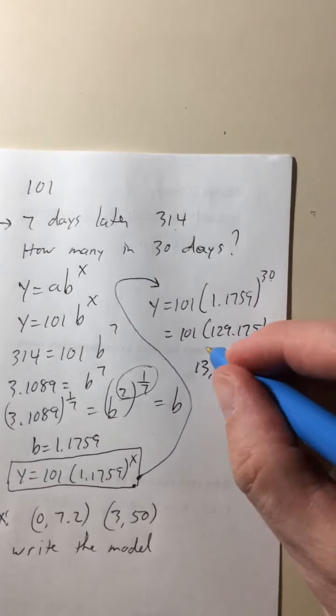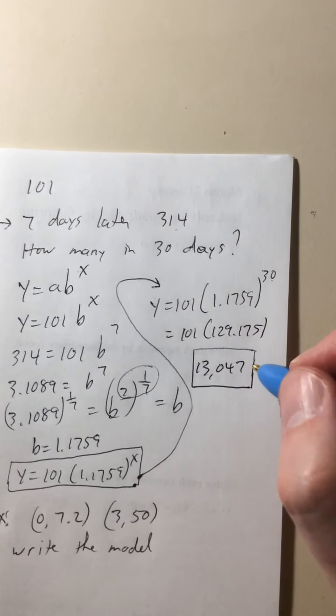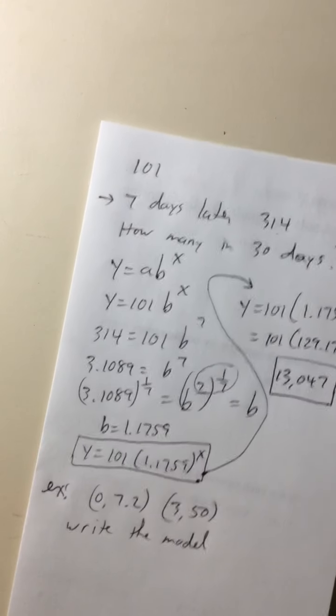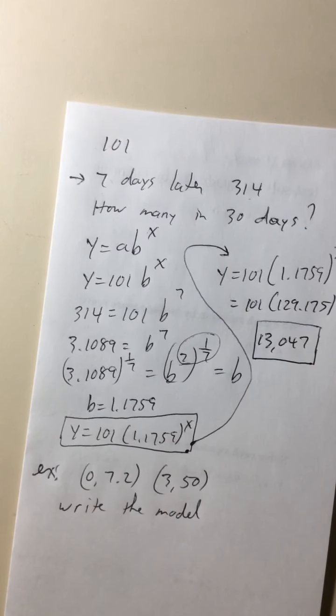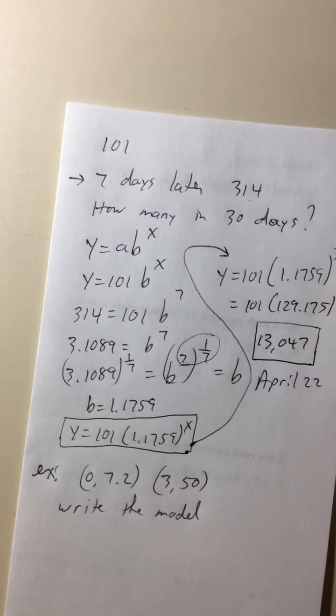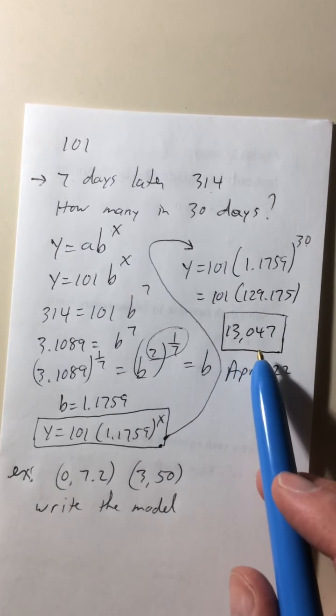So in a month, according to that model, there should have been 13,047 people infected on, what was that day that we were interested in? One month later, which is one month after March 23rd, is April 22nd. So April 22nd, according to our model, that's what we would have, 13,047 people.